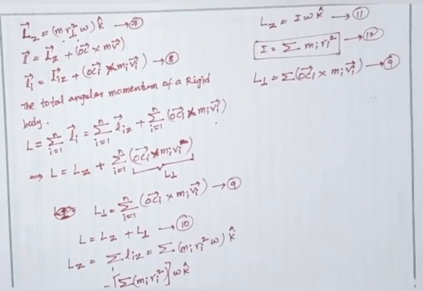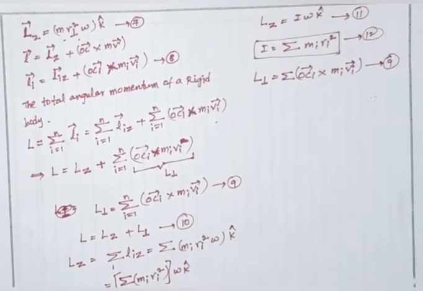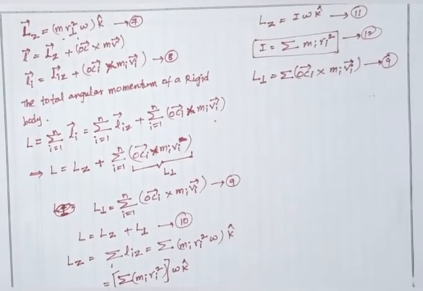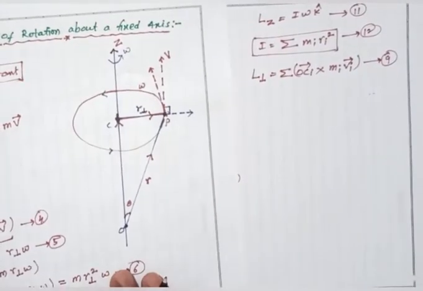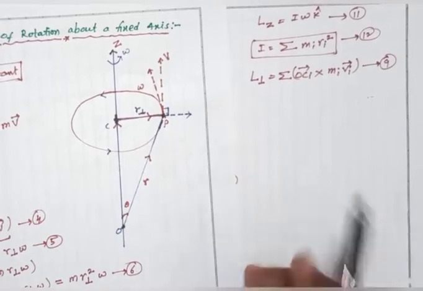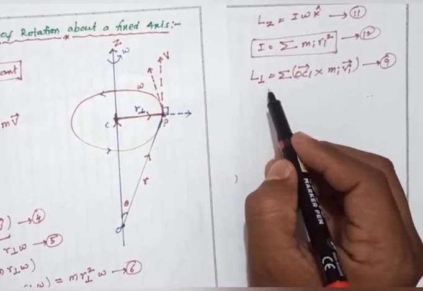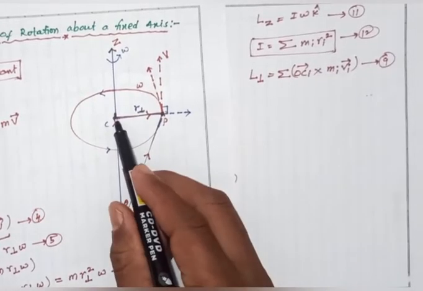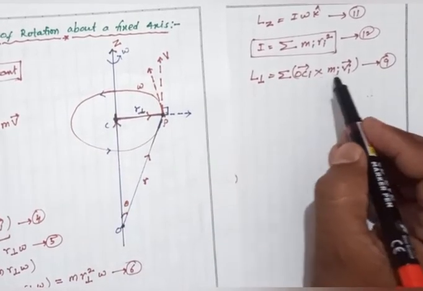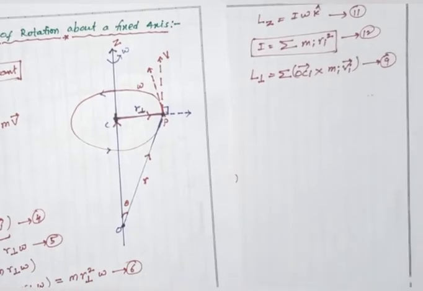This is equation number 9, which we already know. Simply, we again see the diagram here. So L perpendicular equals the summation over OC_i bar cross m_i v_i bar.